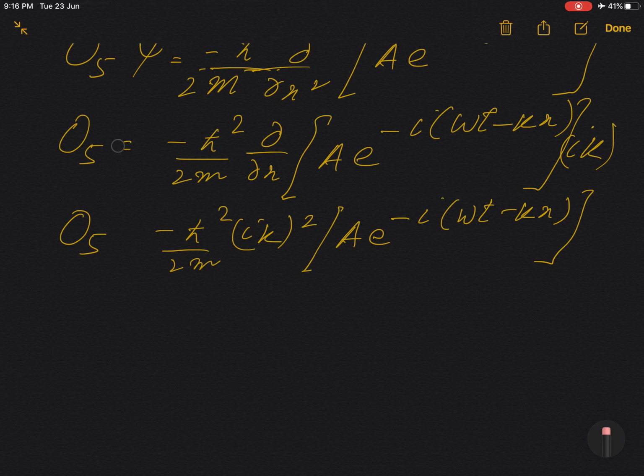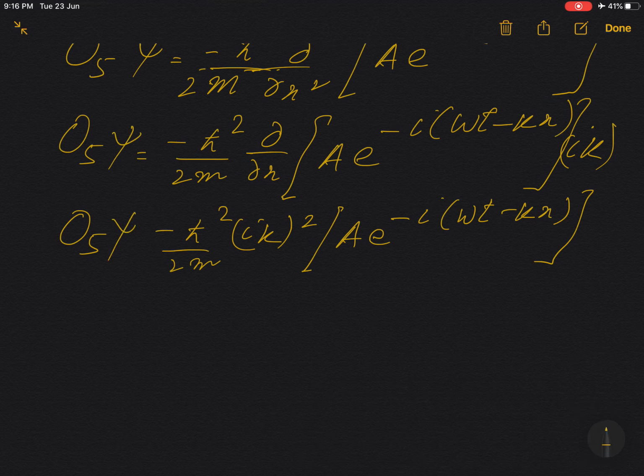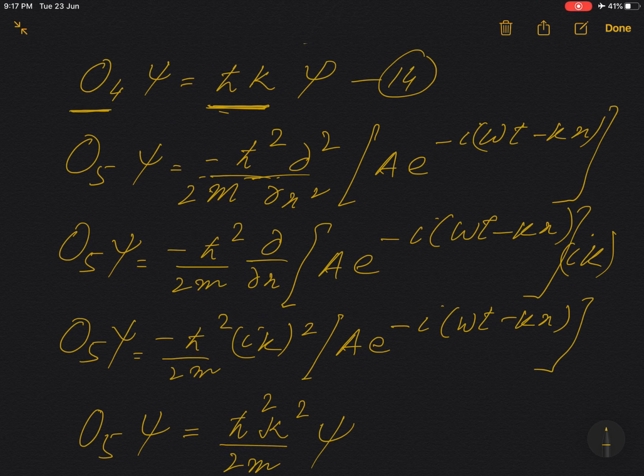This will be with a psi, and here also it is better to have psi equal to, right? It looks more convincing. And O5, operator 5 into psi, gives me nothing but this i squared gives me minus 1, minus becomes plus, it is ħ squared k squared upon twice m into psi. Let me call this equation number 15, and this one equation number 16.